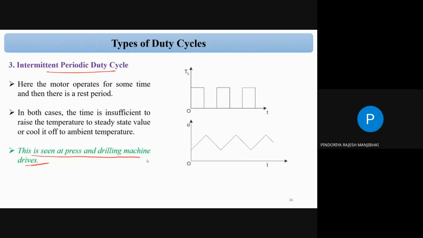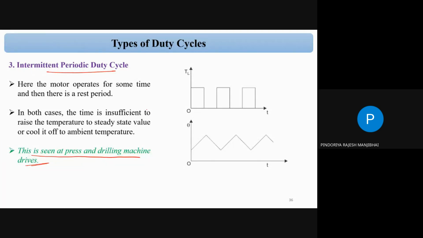And suppose your hole is not sufficient, then again you can drill. So for 0 to 1 minute maybe your motor is operating, and after that maybe for 1 to 3 minutes your motor is not operating. So that is an intermittent periodic duty cycle, correct?